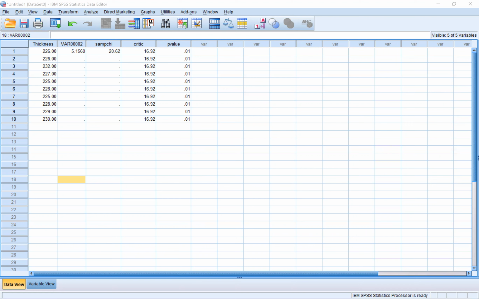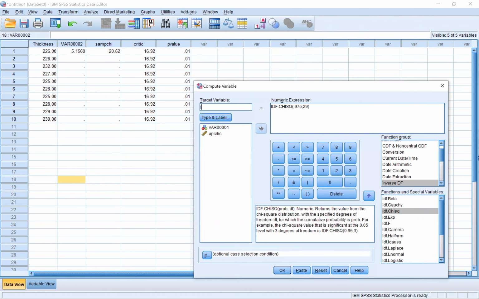And now I can compute the lower. This time I have to put in 0.025, because for the lower end it just computes the cumulative probability.